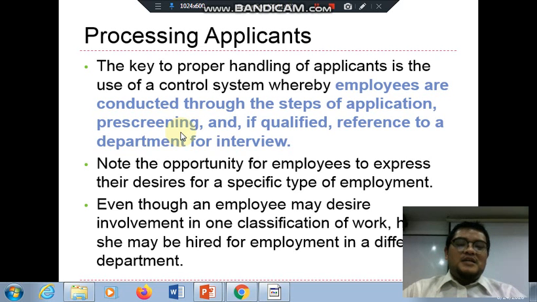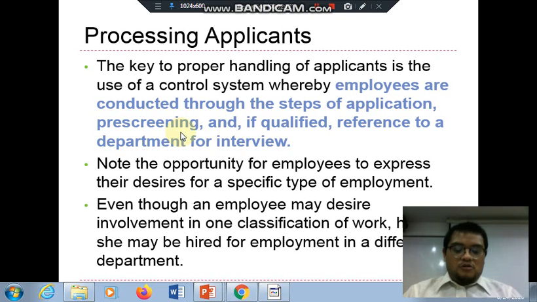So screening is actually you want to check the criteria, whether the application meets the criteria or the specification you want, or they are not qualified for the job.